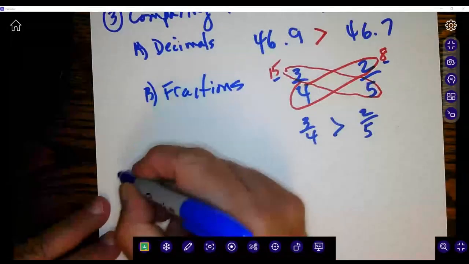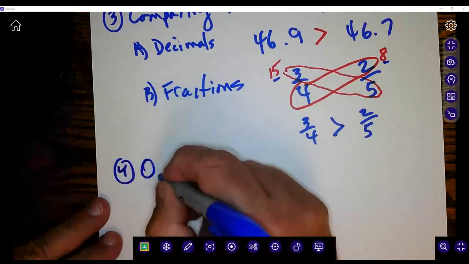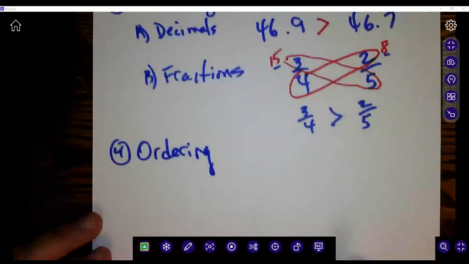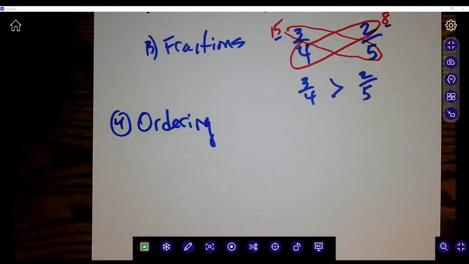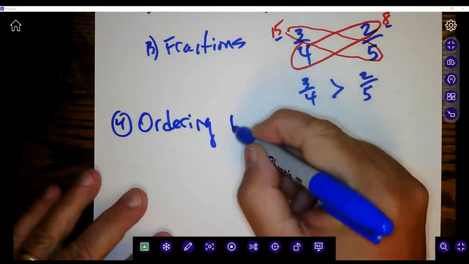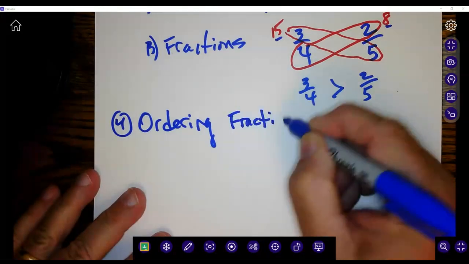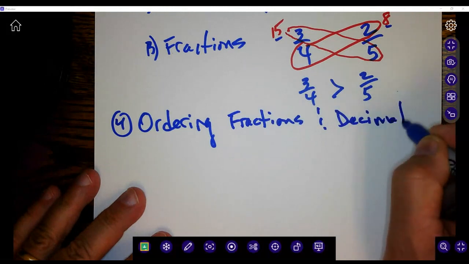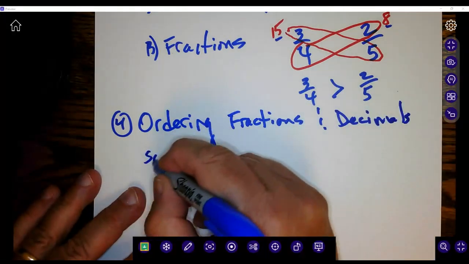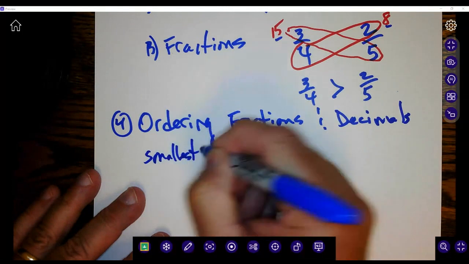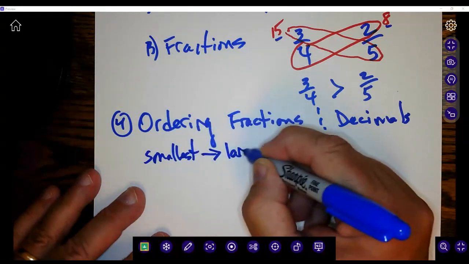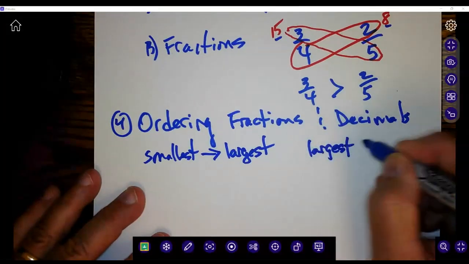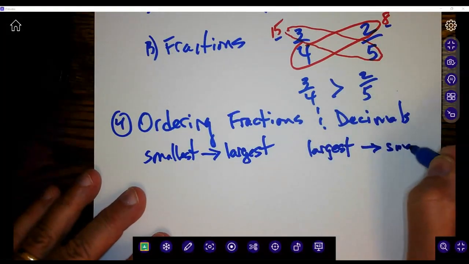Okay? Then we did ordering, where we were ordering fractions and decimals. And we had to be careful of going from smallest to largest, or if they wanted largest down to smallest.